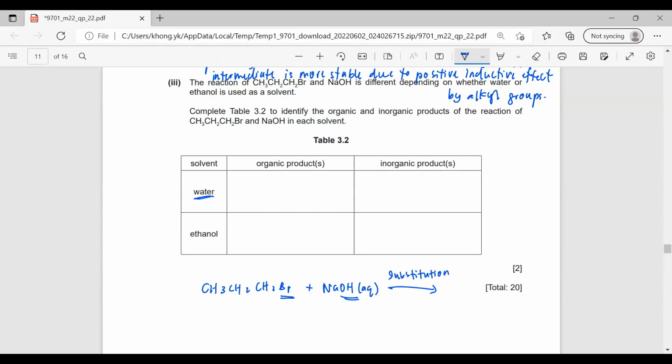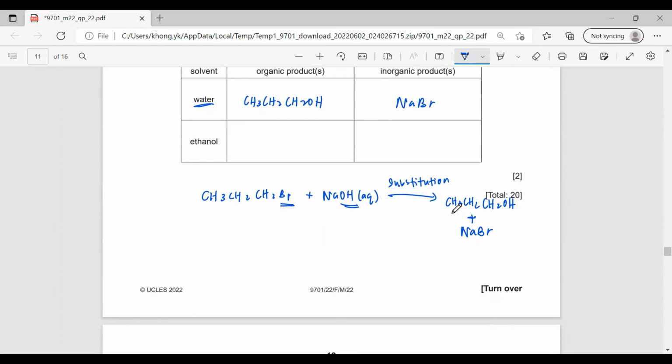So we will get our organic compound, which is an alcohol, and the Br will be kicked out and join with the Na, so the inorganic product is NaBr. So we write it down: CH3CH2CH2OH, which is propanol, and the inorganic product is NaBr.